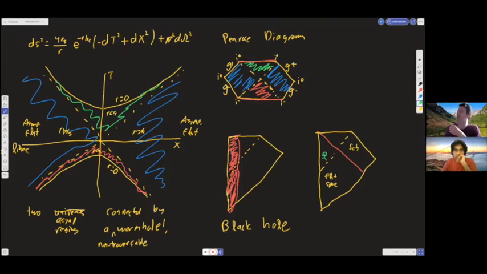But your doom is sealed. You don't even know that this shell is coming, right? It's over here and you're somewhere in your future. You know, it's going to hit you later. But even before it hits you, you're already in the part of the geometry where you can't send a signal that gets out. Whatever signal you send is going to end up in the singularity. And so this boundary between people who can communicate to infinity and people who can't is the definition of the horizon.